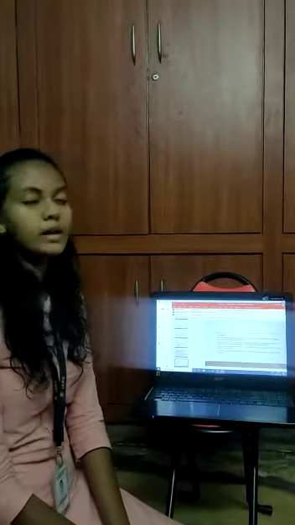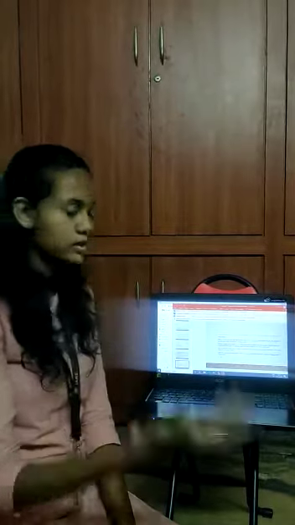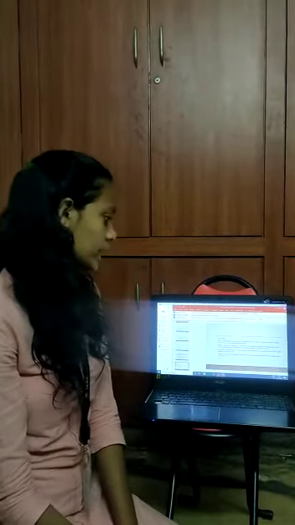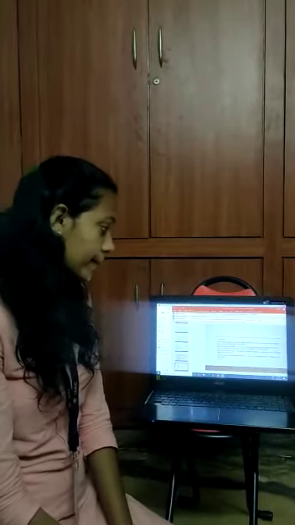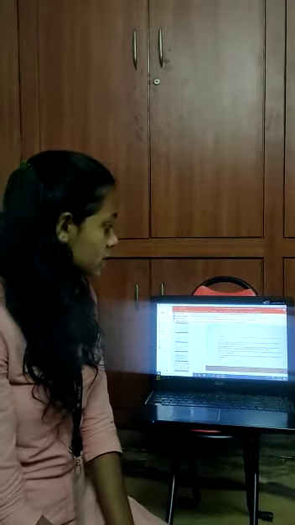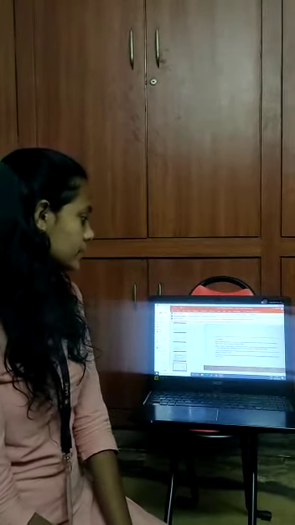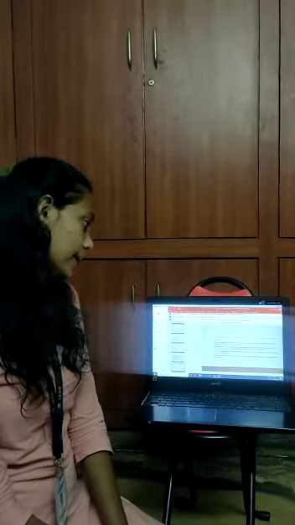So comparatively with a short column, the long column PE value will be very small. We can also say that the value of 1 by PE will be very large, and hence we can neglect the term 1 by PC with respect to the term 1 by PE. So 1 by PC can be neglected.